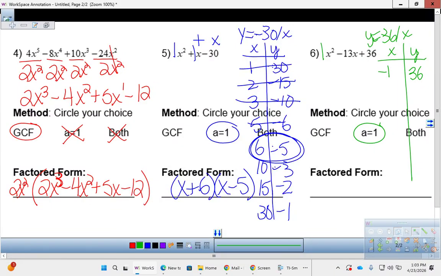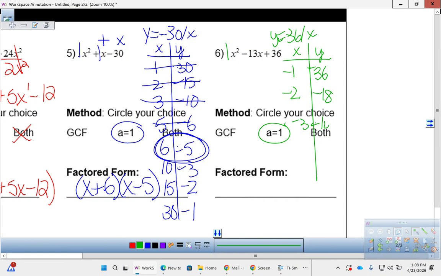So I'm going to look the other way in the calculator. I'm going to arrow up. So negative 1 and negative 36. Negative 2 and negative 18. Negative 3 and negative 12. Negative 4 and negative 9, negative 6 and negative 6.